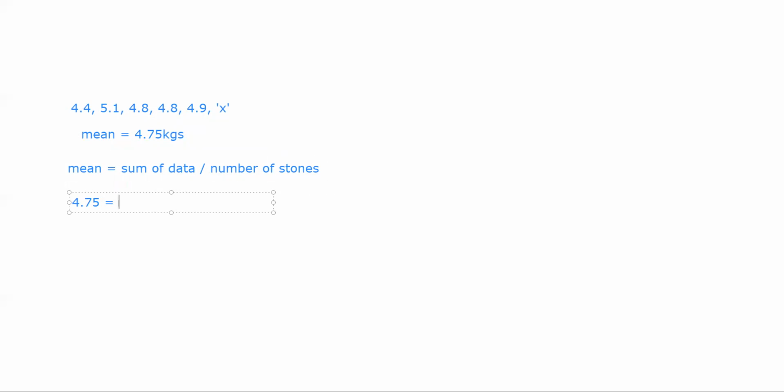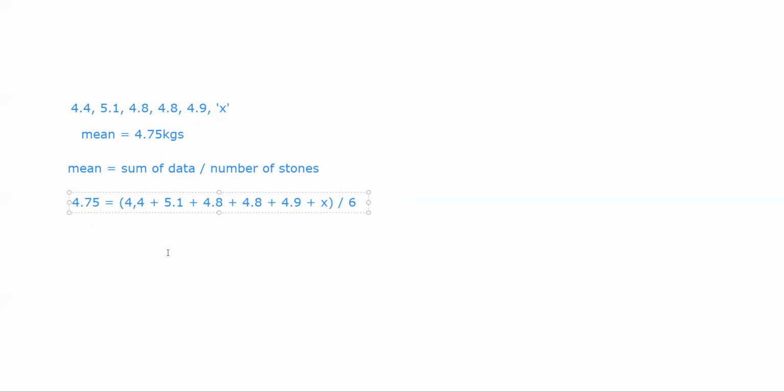The sum would be equal to 4.4 plus 5.1 plus 4.8 plus 4.8 plus 4.9 plus the value of the unknown weight, and the whole of it divided by 6, that is the number of stones.